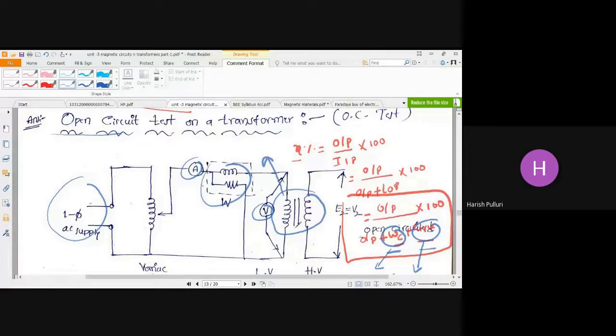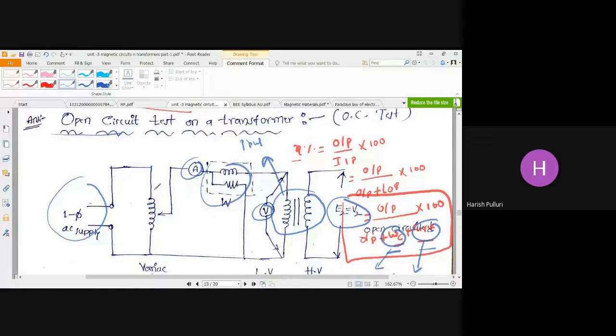This is the primary side. On the secondary side, it is open circuited. Simply, I didn't connect any element on the secondary side. That's why it is called open circuit. The secondary side we have to keep open.